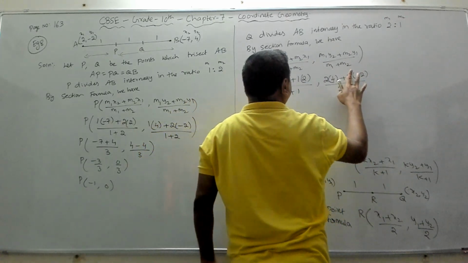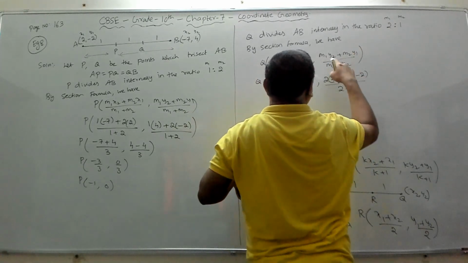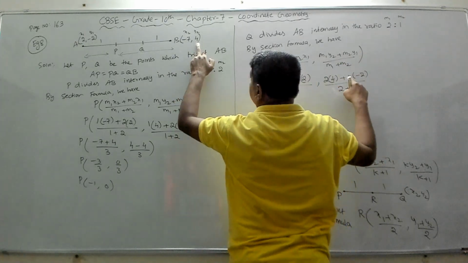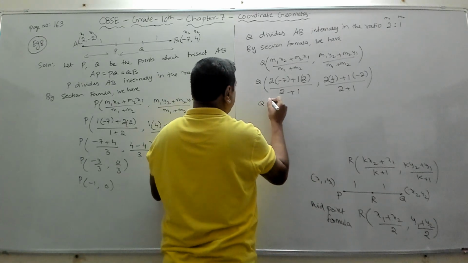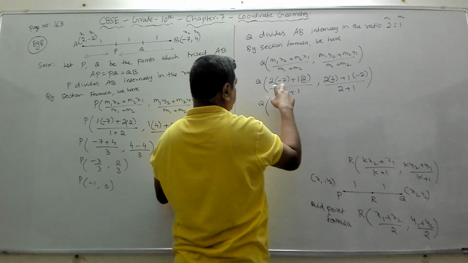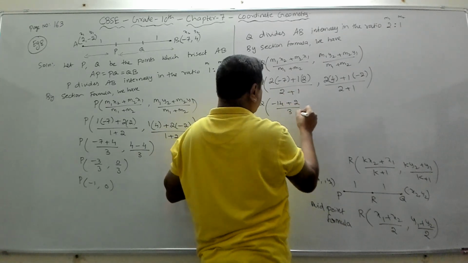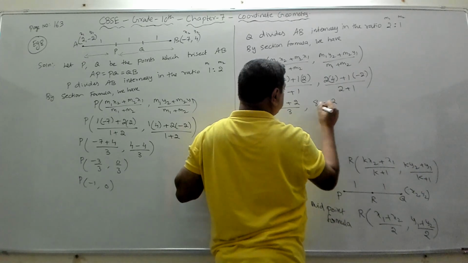So that becomes Q of 2 into minus 7 is minus 14 plus 2 by 2 plus 1 is 3, comma 2 4s are 8, plus 1 into minus 2 is minus 2, by 3.